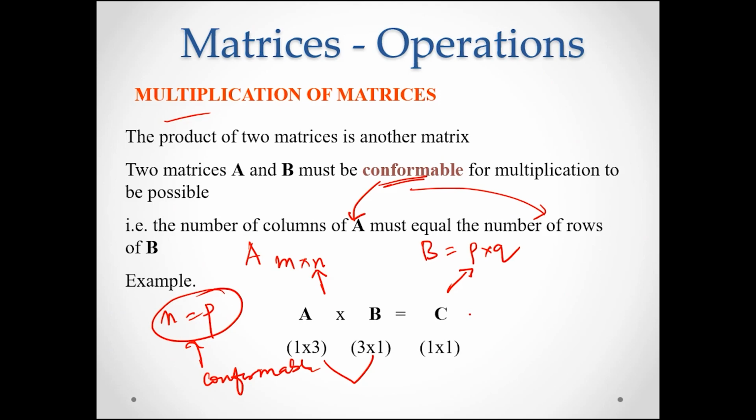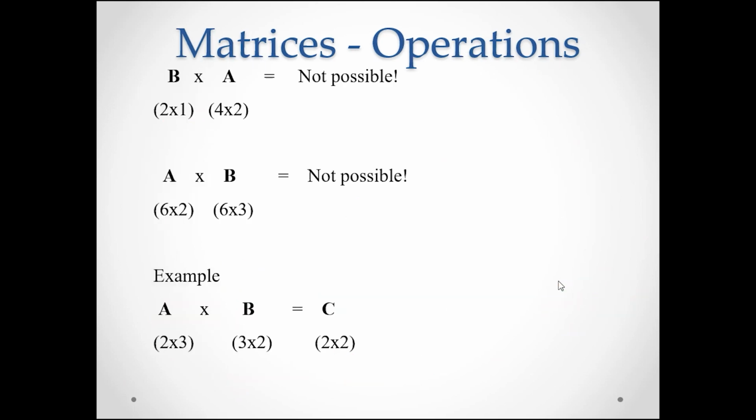So the output matrix will be of order 1 cross 1. So you can see the output will be of order M cross Q. Okay. So the first thing that we have to keep in mind is conformability. And the second is that your output will be of the form M cross Q.